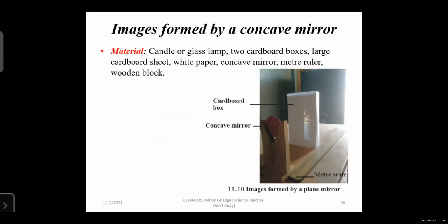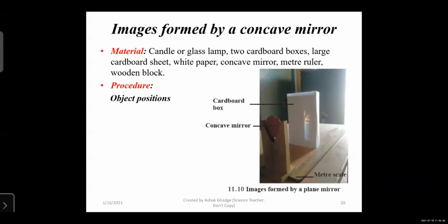The material required: a candle or glass lamp, two cardboard boxes, a large cardboard sheet, white paper, a concave mirror, a meter ruler, and a wooden block.